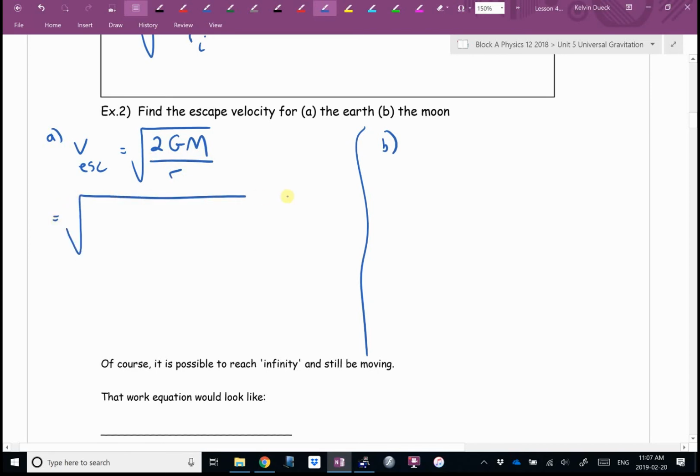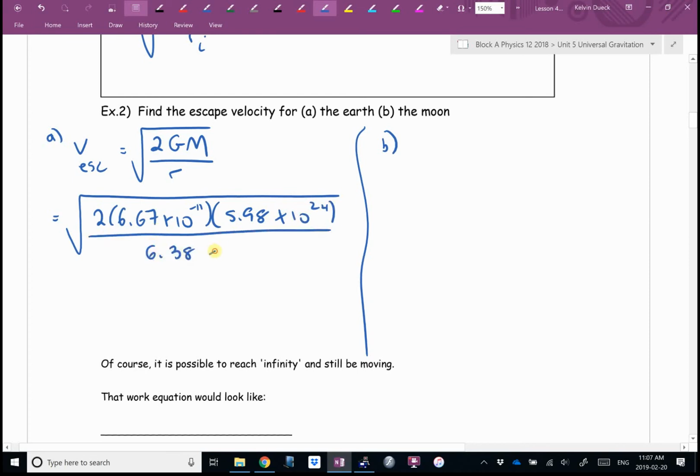It's going to be the square root of 2, 6.67 times 10 to the negative 11, 5.98 times 10 to the 24th, all over... We'll assume we're starting from the surface of the Earth. What is the Earth's escape velocity?